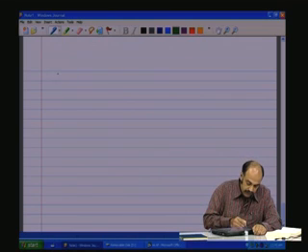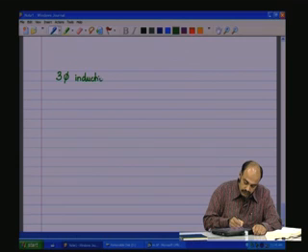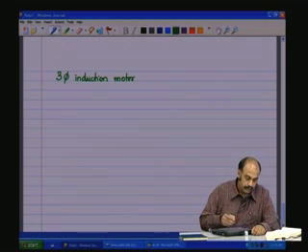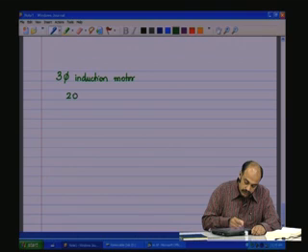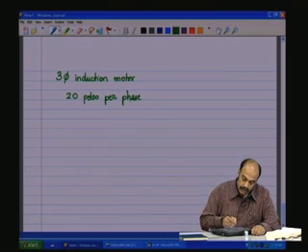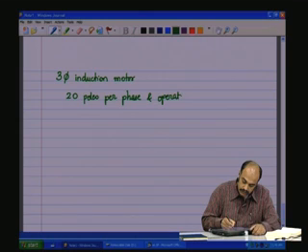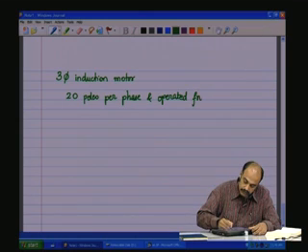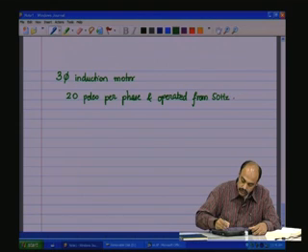Let us say we have a 3-phase induction motor, which has 20 poles per phase, and it is operated from a 50 Hertz 3-phase source.